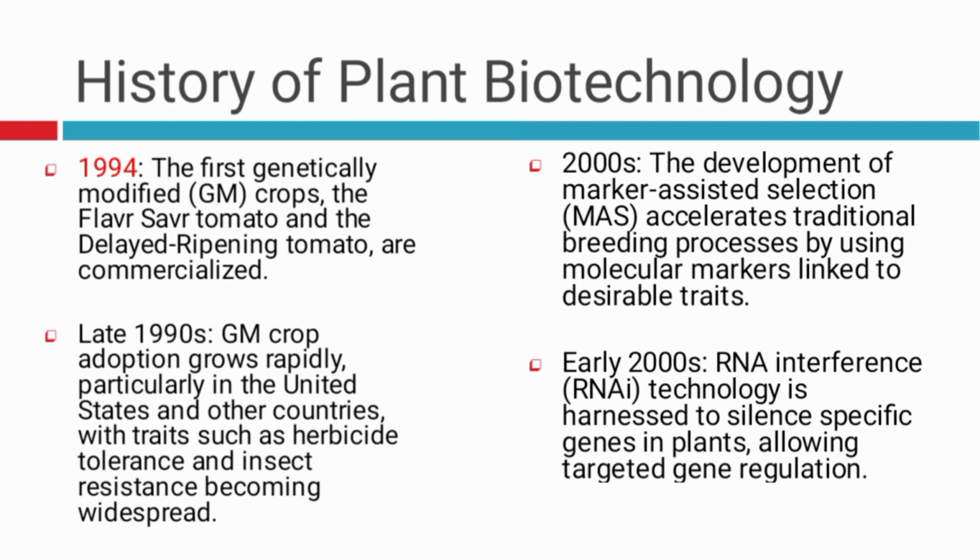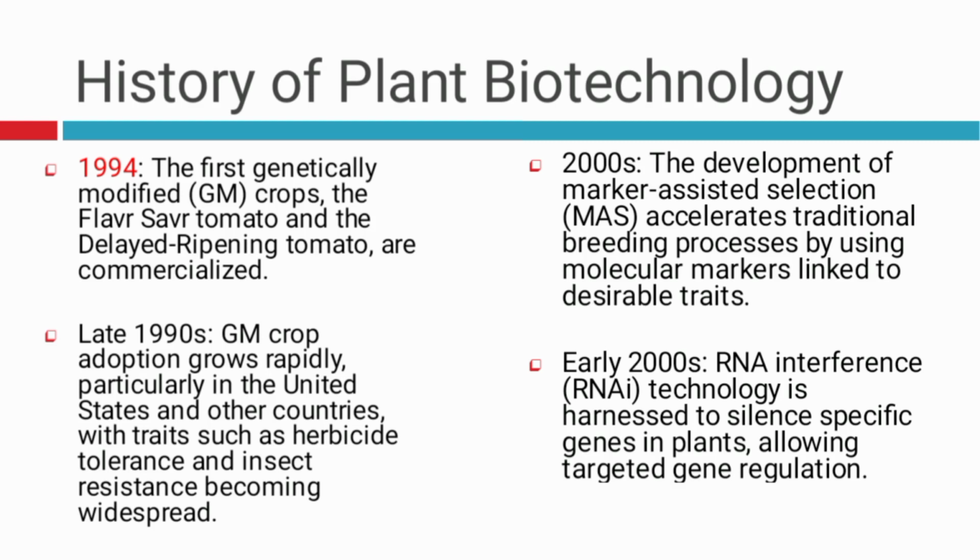And so you need to know what happened in the 2000s: marker assisted selection, and all of that. Imagine people planting palm trees, and there are different varieties, but you will not know which is which until you allow them to grow and start producing fruits.